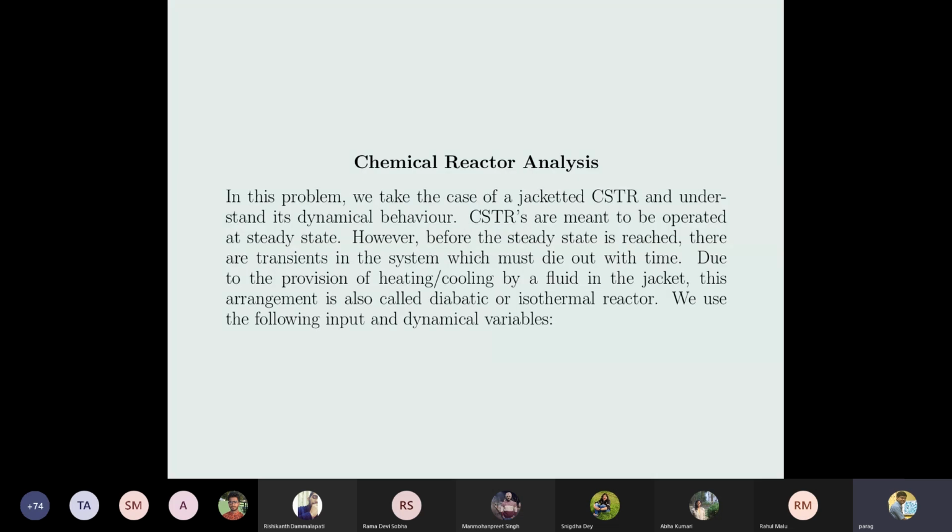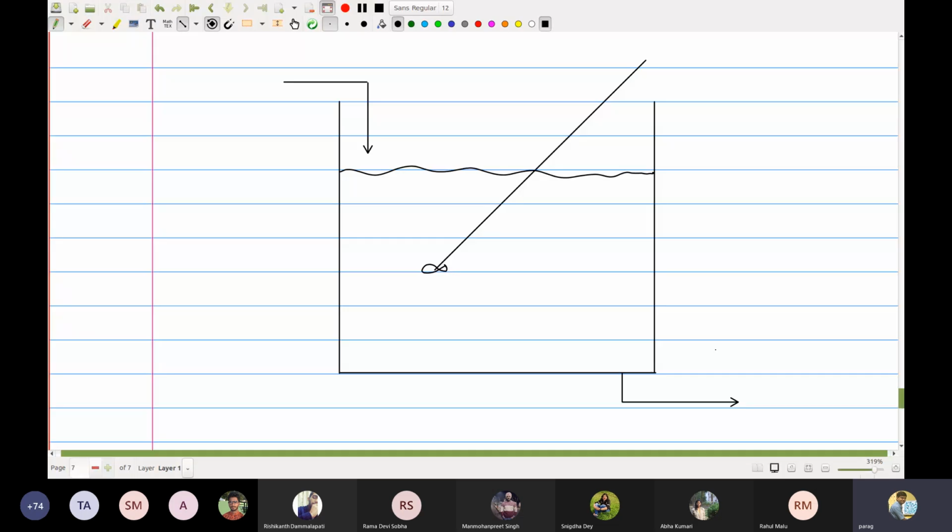And it is jacketed. This is important. It is going to be a cylindrical vessel, and outside this vessel you will have a jacket.